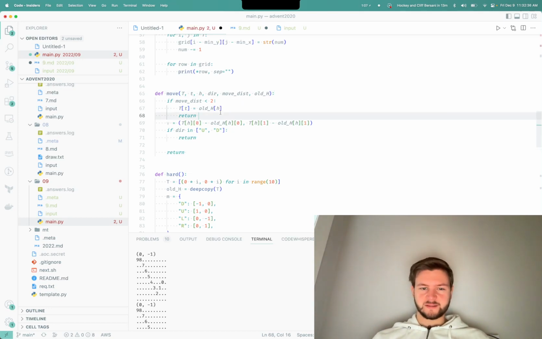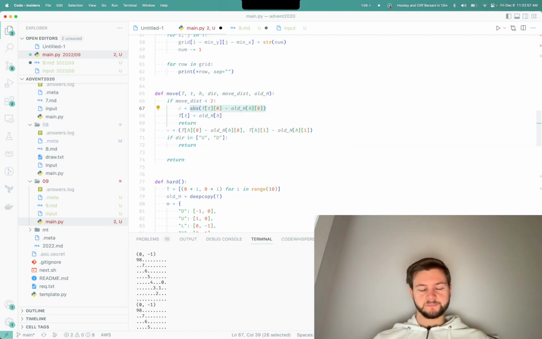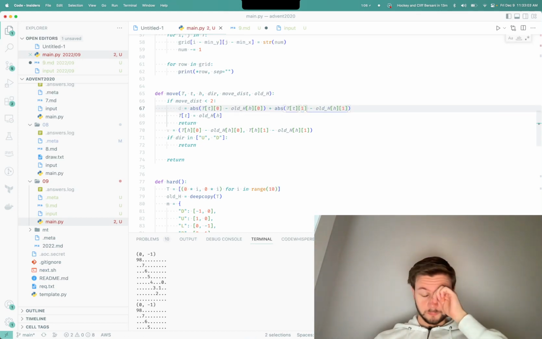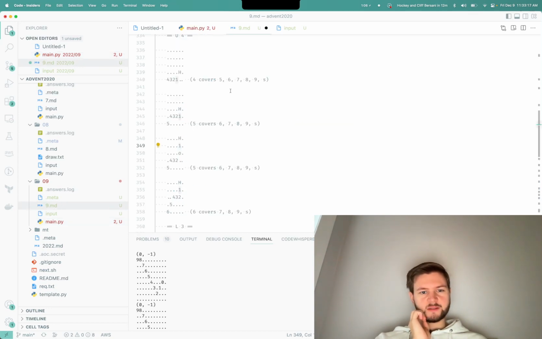The distance is this minus this, absolute, and return. The vector is this movement.